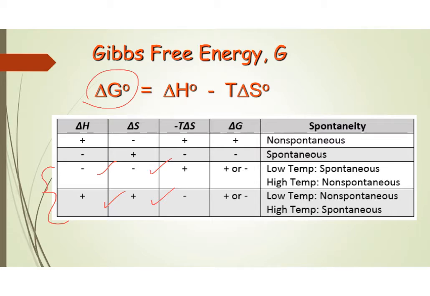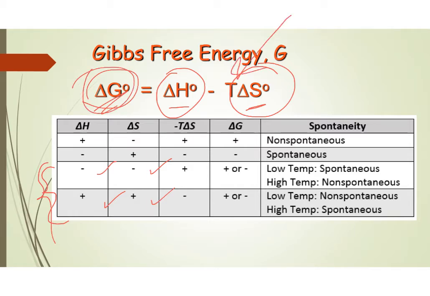If enthalpy is negative, and we're just going to look at this from a mathematical point of view, and entropy is negative, that means that enthalpy is exothermic, it's favorable, and entropy is unfavorable. So if one's favorable and one's unfavorable, what's the overall process going to be? And what does it depend on? Well, in these cases where one is favorable and one's unfavorable, the delta G value depends on temperature.